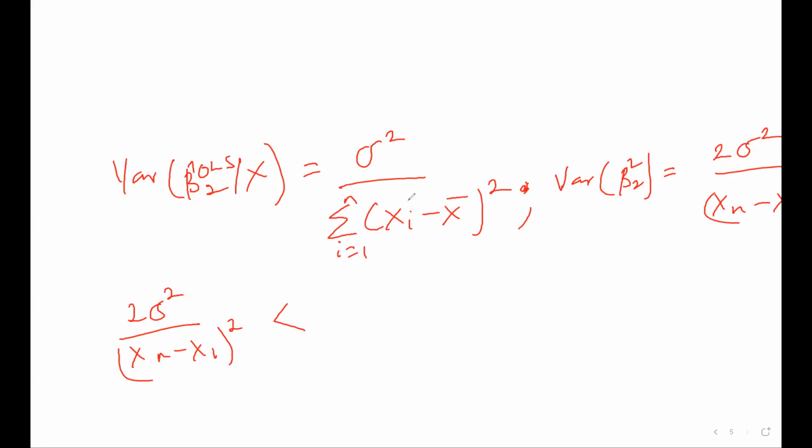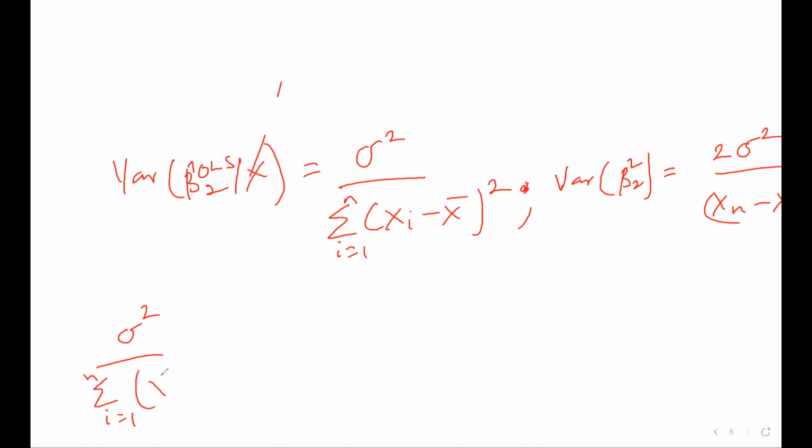So this is the OLS estimator: sigma square over summation i equals 1 to n of xi minus x bar square.